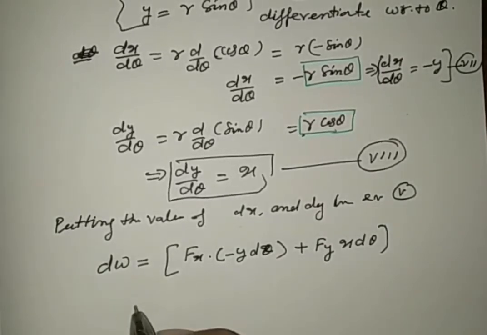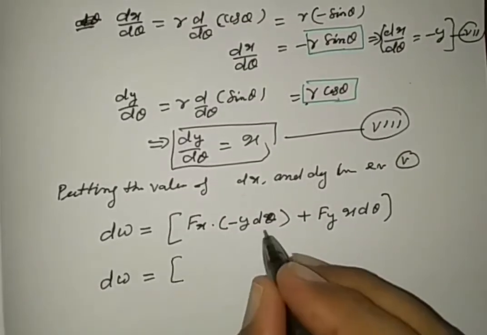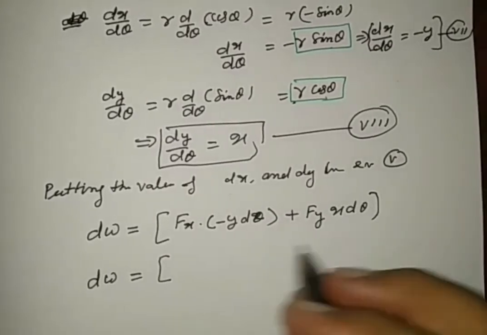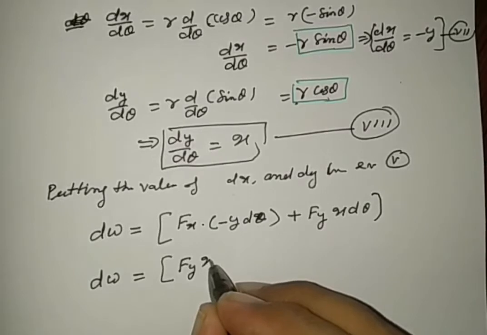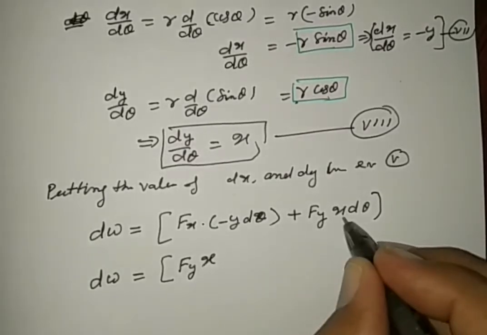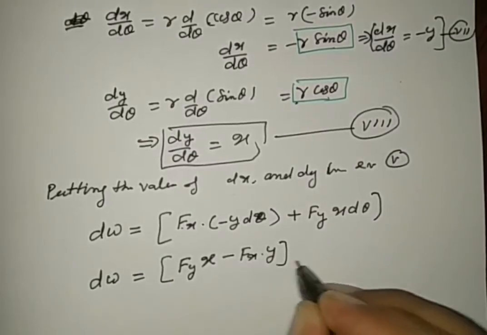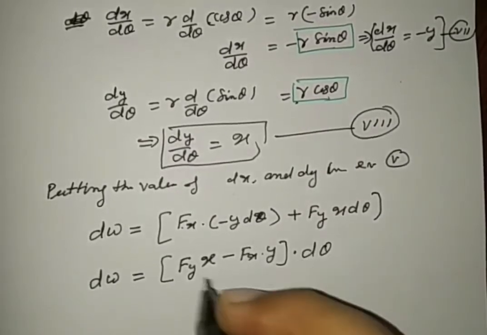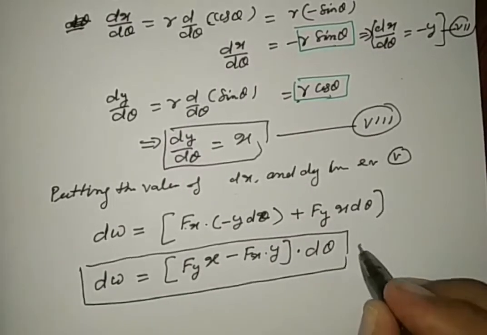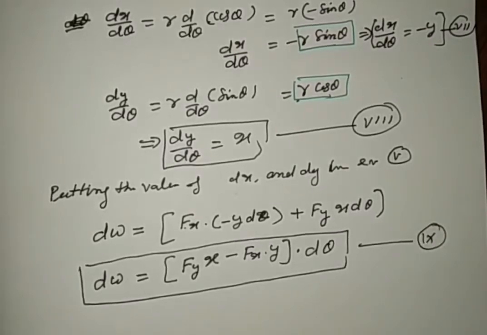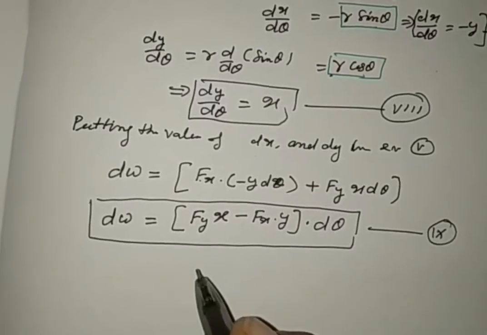Now see very carefully, the work done is d theta common in both. We may write fy x minus fx y, d theta. It is equation number 9. Now see in equation number 9, students, very carefully.